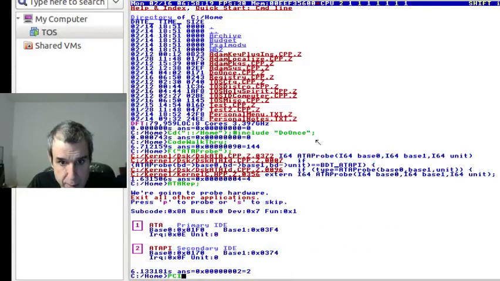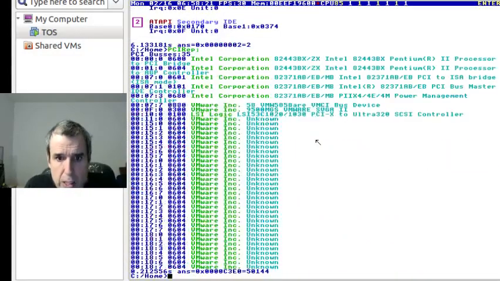There's PCI rep. This tells us, let's see if we identify the SATA. Let's see where SATA is, or ATA. There's a SCSI. Is that what I'm using? I don't think I'm using SCSI.